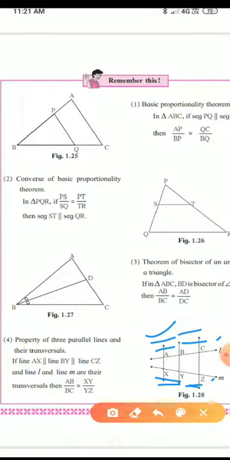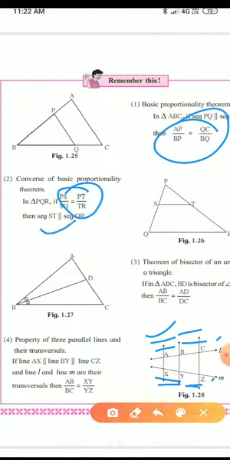So these are the three important theorems in this chapter, and practice set 1.2 is based on these three theorems. We should know the formulas of these theorems as well as their converses. Converse: if a ratio is given, then we can say these lines are parallel. If a line is parallel, then we can write a ratio.